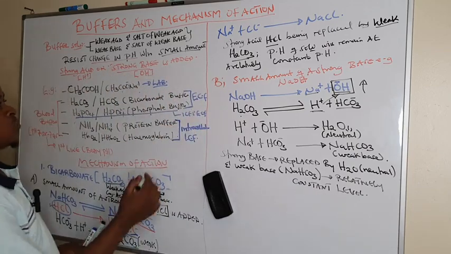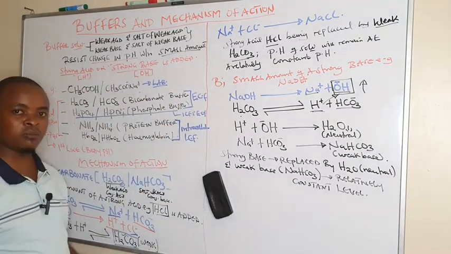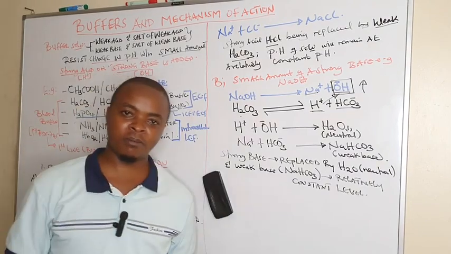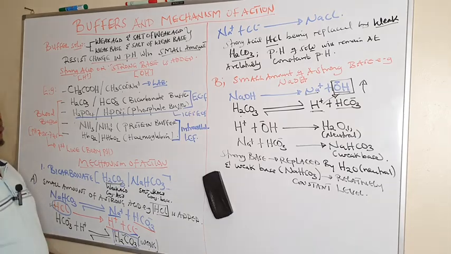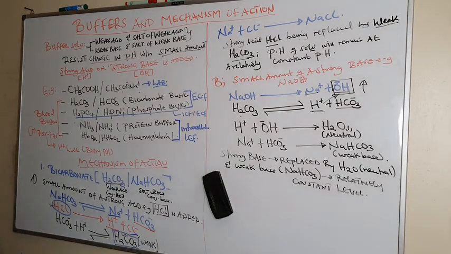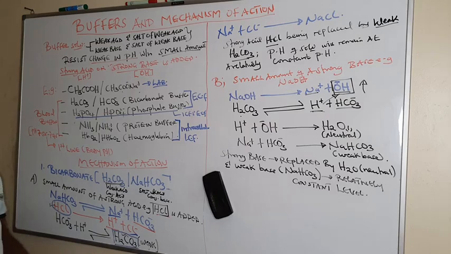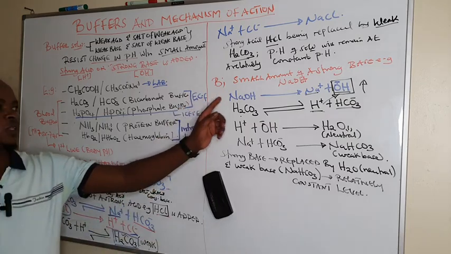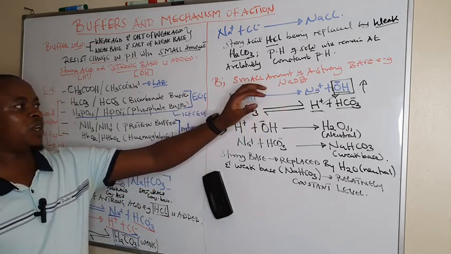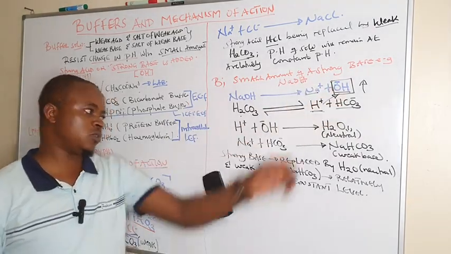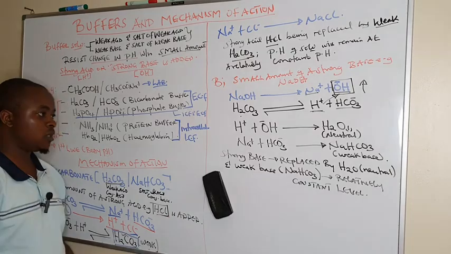So in case you are asked in an exam to describe the mechanism of action of any given buffer, you can name that buffer and you tell us what happens if we add a small amount of a strong acid like hydrochloric acid. You write your 4 equations, and also you tell us what happens if we add a small amount of the base. You also give us 4 equations.